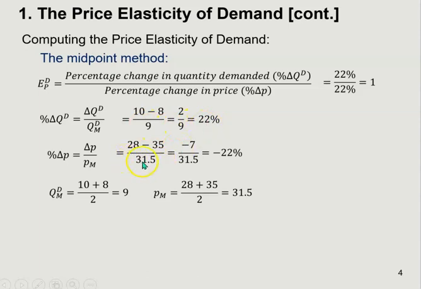For the price, it's going to be 35 minus 28, so you will get 7 over 31.5, which is positive 22%. You plug this back in, and you get the same elasticity of demand, which is 1. So problem solved.